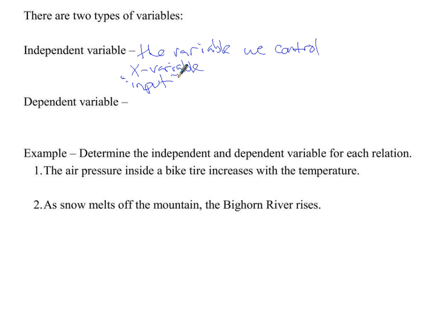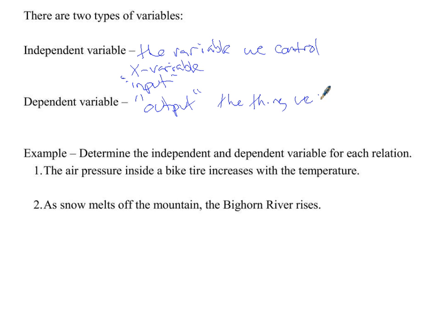Okay? So knowing now what an independent variable is, what is the dependent variable? Okay, I heard output first. And the thing that we don't control. In other words, the thing that we measure. I like that.